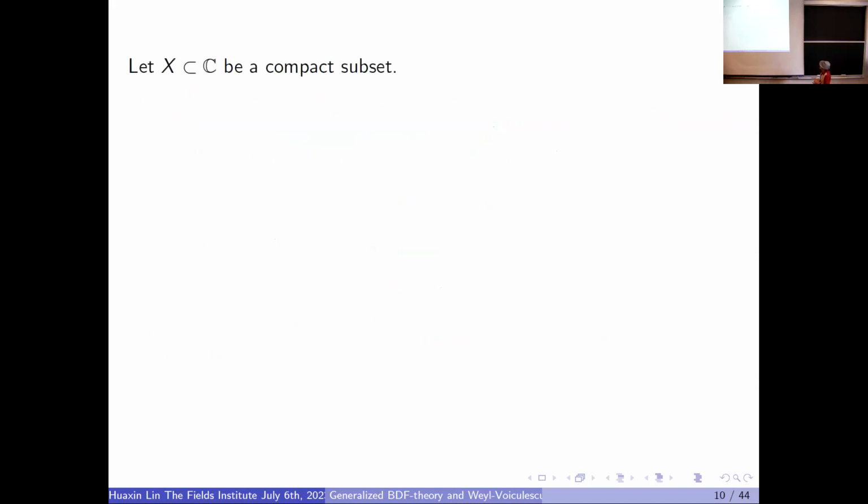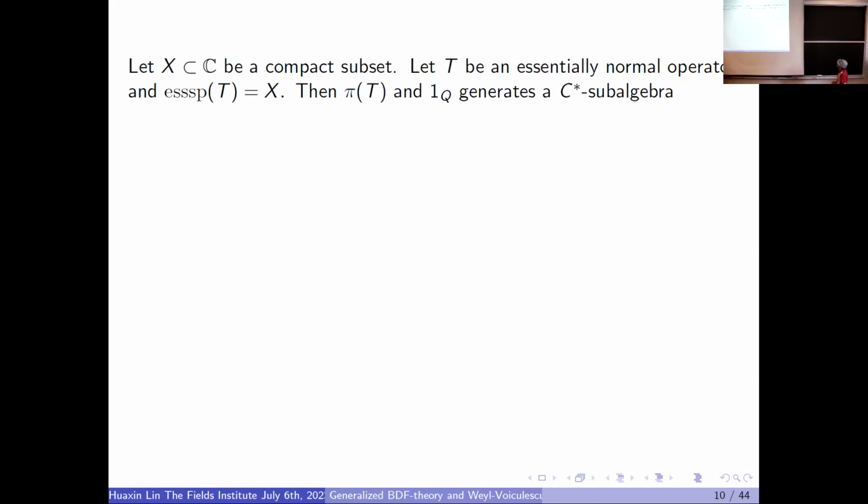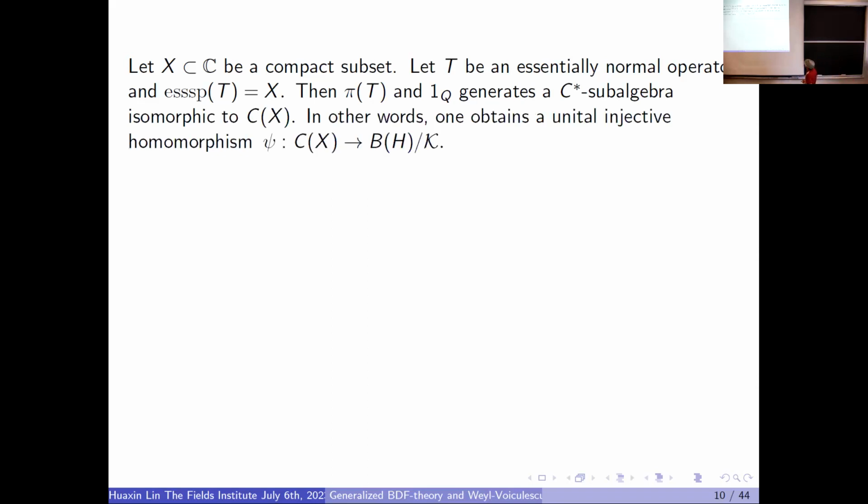So now let's take a compact subset X of the plane, and let T be an essentially normal operator with essential spectrum equal to X. Then pi of T, together with the identity, generates a C star subalgebra which is isomorphic to C of X. In other words, you have a unital injective homomorphism from C of X to the Calkin algebra.